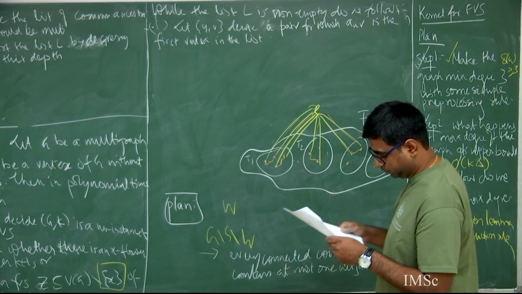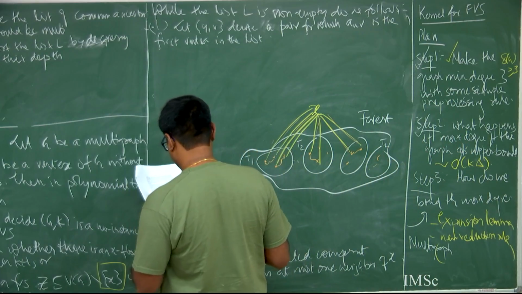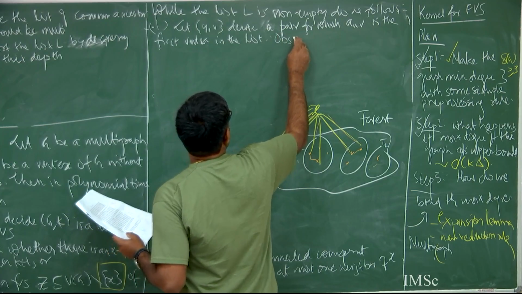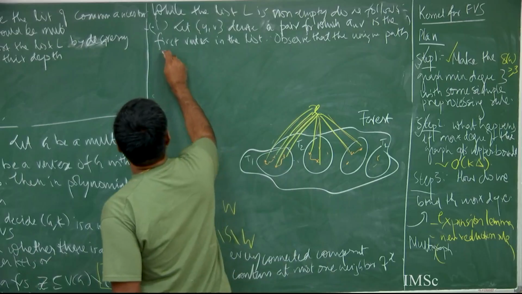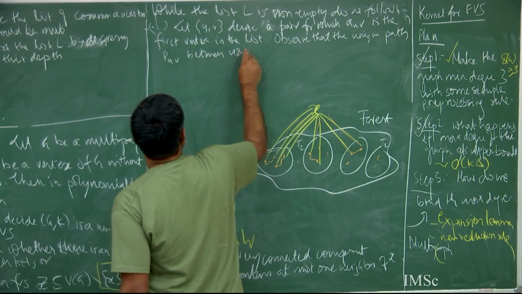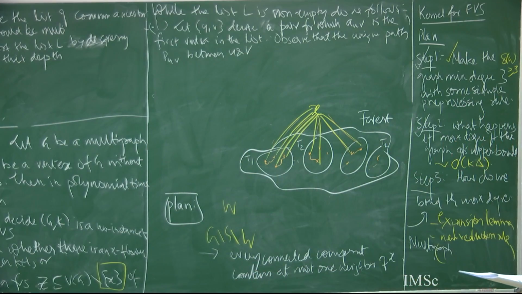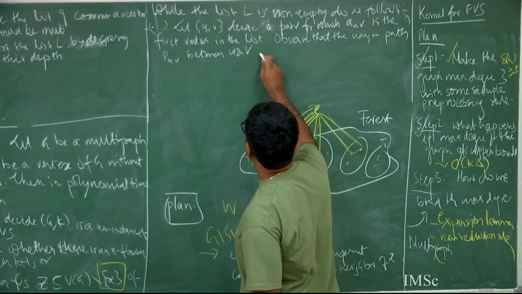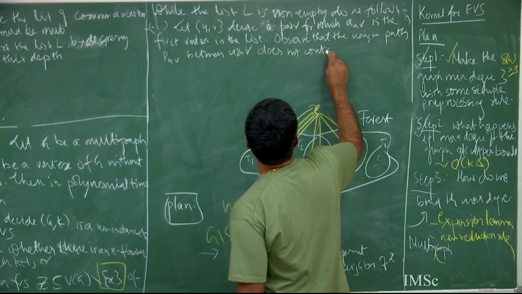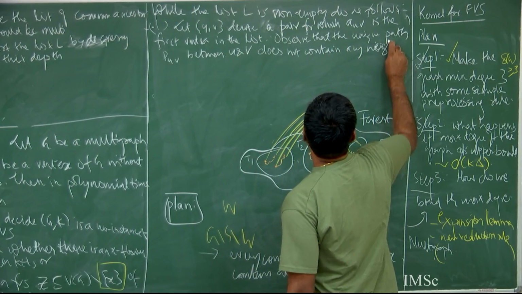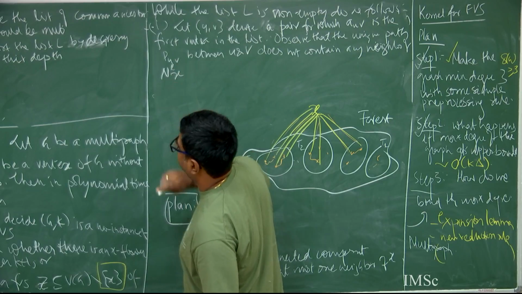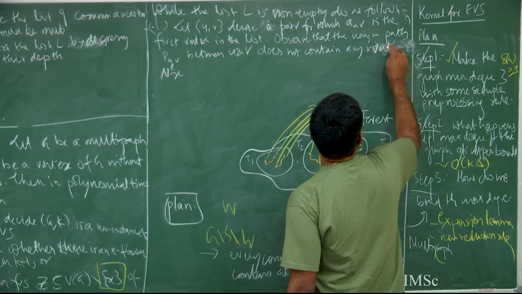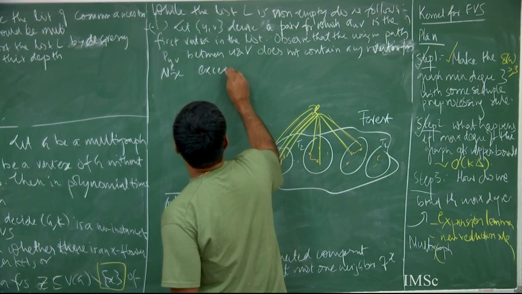Observe that the unique path P_UV between U and V does not contain any neighbor of any vertex from the list except U and V.